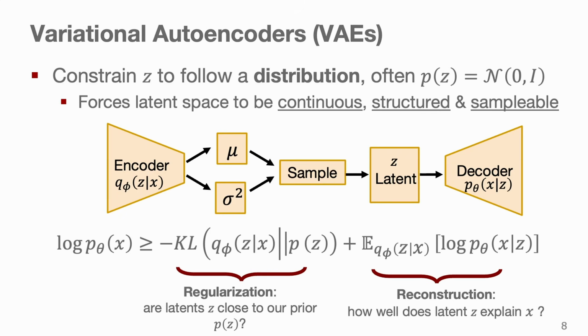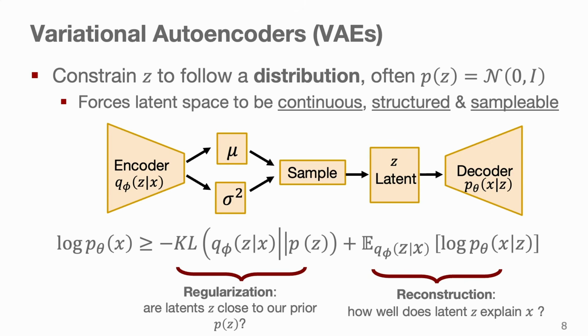And so here is where the variational autoencoders come in to solve all three problems that we just mentioned. The key idea is that instead of encoding to a single point, we encode it to a distribution over Z. So specifically, the encoder in the most popular case will output the parameters of a Gaussian, a mean and a variance sigma, and then we sample Z from that Gaussian before passing it to the decoder.